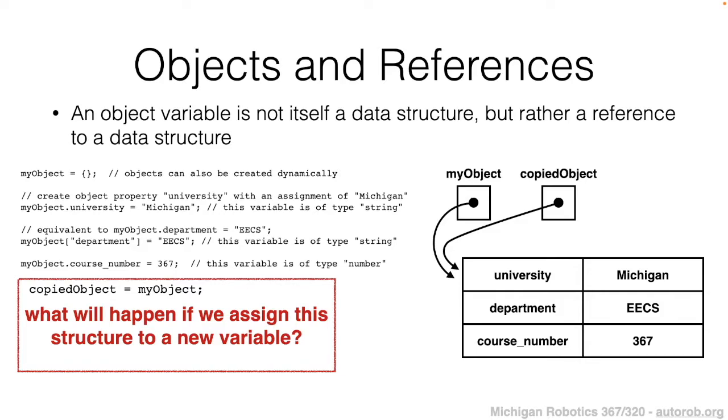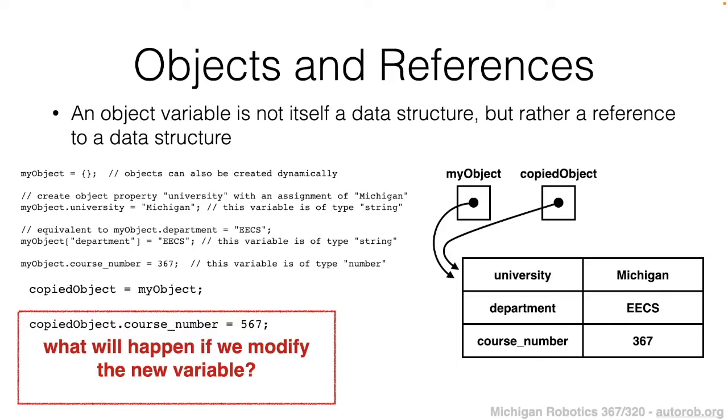This is a really crucial point to make sure that you understand, because if you do this within your code and then you modify the copied object, say copiedObject.courseNumber equals 567, what's going to happen is that the underlying data structure gets modified, and the courseNumber property is updated to be 567, despite the fact that both of these references point to the same underlying data structure.